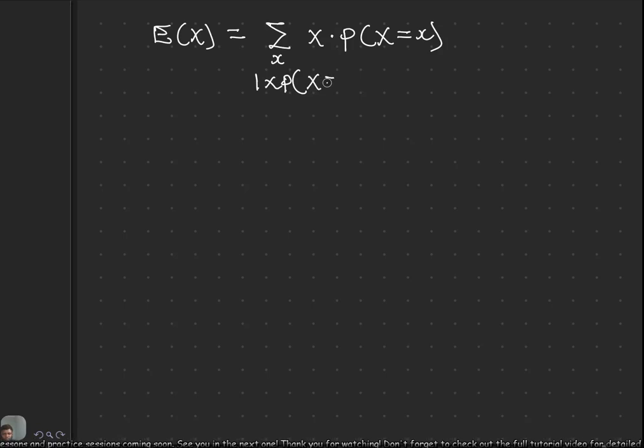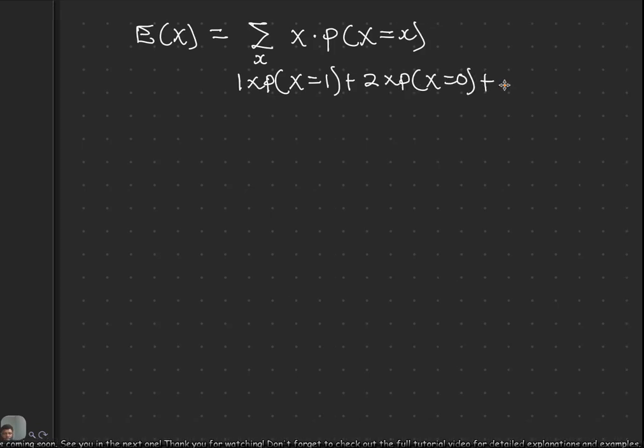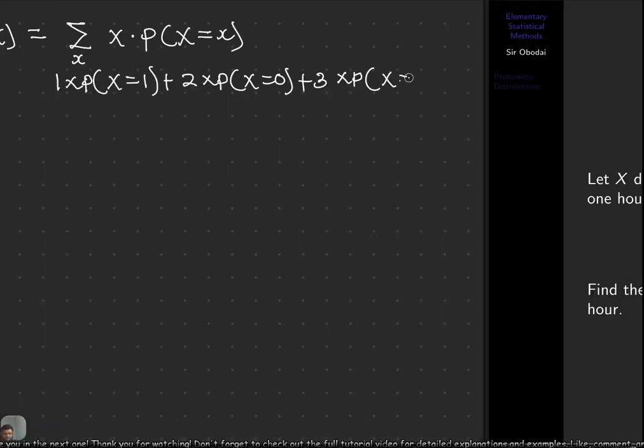Then plus, we also multiply 2 by its probability, so 2 times the probability of 2. Then plus 3 also by its probability, and I think there was a 4, so 4 also by its probability.